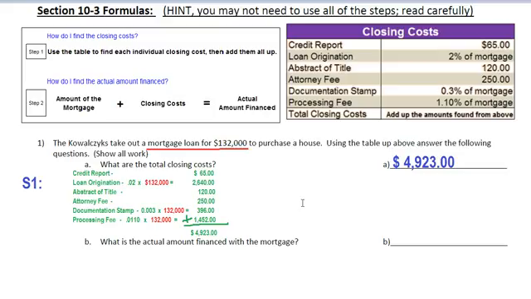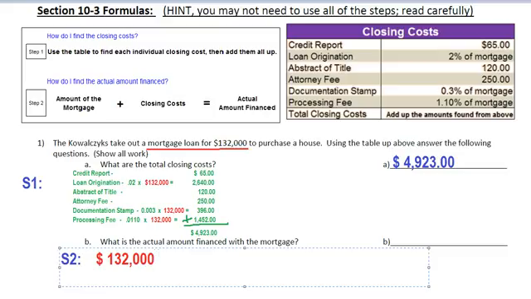Now it's time to move on to letter B. What is the actual amount that we are going to finance for this mortgage? So I can do step number 2 now. Step number 2, I take the original amount of the mortgage, which is that $132,000 number, and now I'm going to add it to my closing costs that we just calculated for letter A. And what do we get?